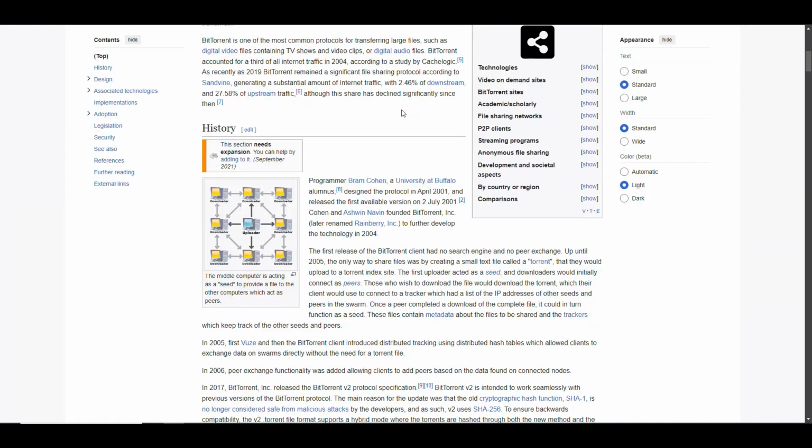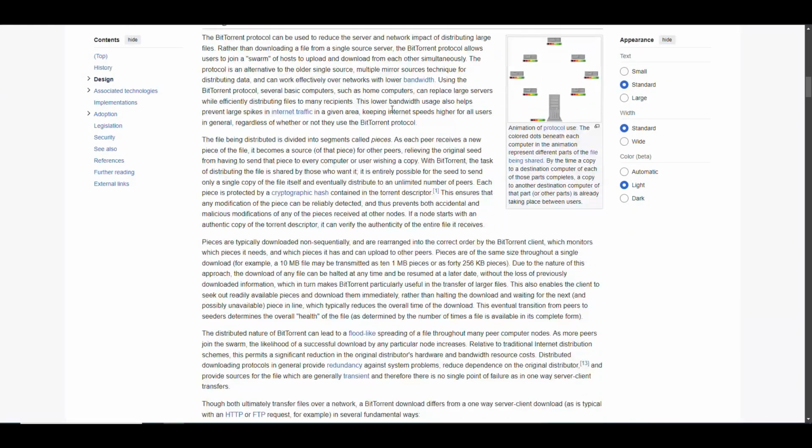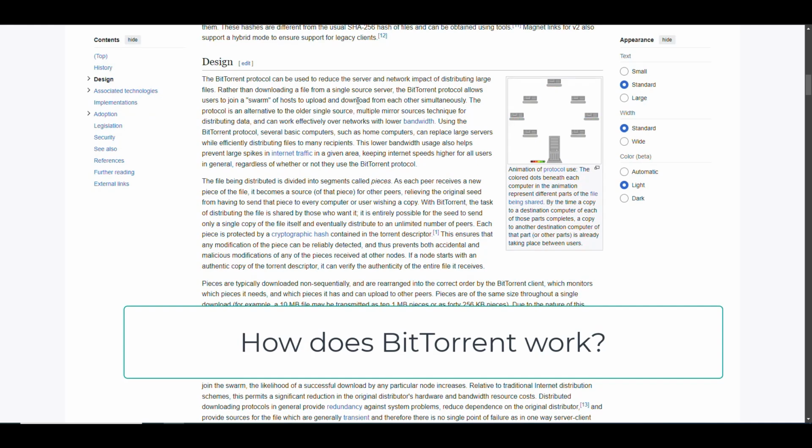And I want to show you a quick animation that they have here of how the BitTorrent protocol works. You might be already familiar with how the BitTorrent protocol works. Basically, it tells you that one person starts a torrent and that person has the full file that they want to share. And then once they connect to the BitTorrent network, any other people that are interested in that file then retrieve that file.